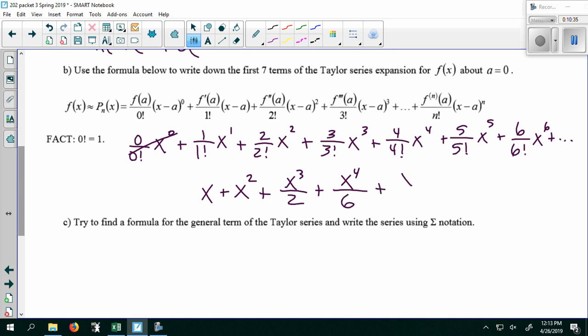And 5 over 5 factorial, that simplifies to 24. Six over 6 factorial is 120.